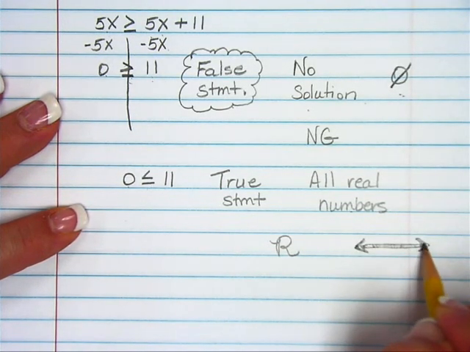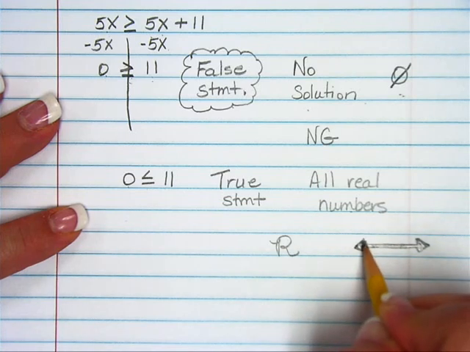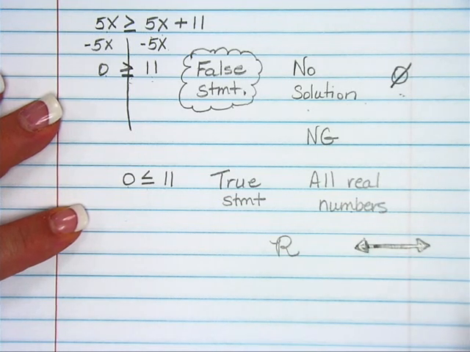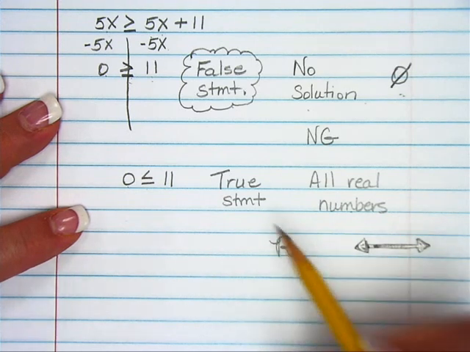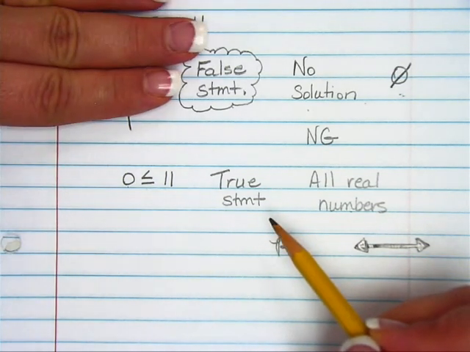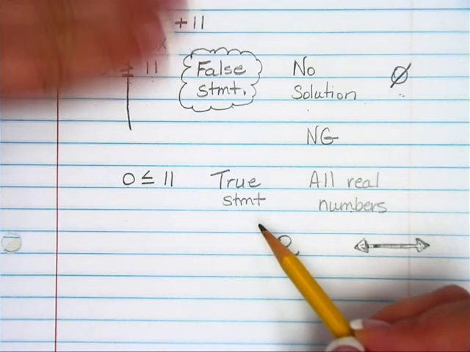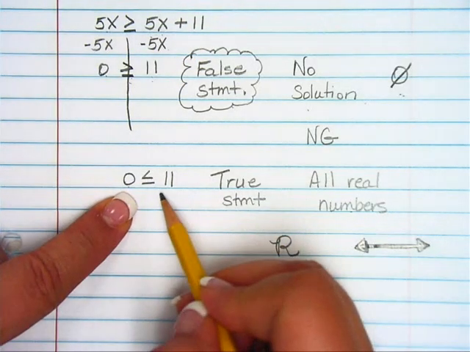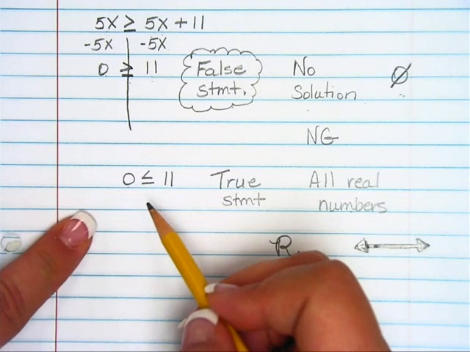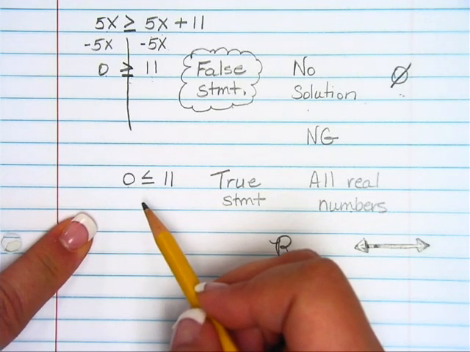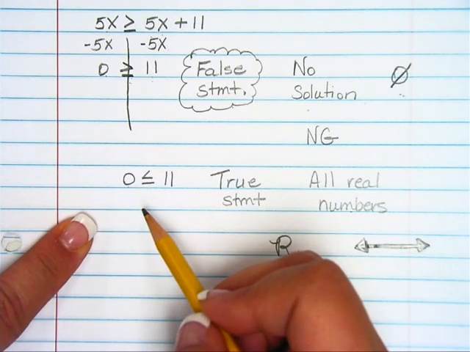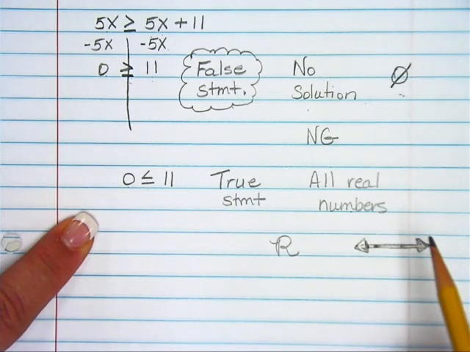So our answer graphically would have looked like this. And to confirm that it's all real numbers, this problem won't work because it's actually a false statement. But when you come up with one that gives you something that's true, you can plug any number in for x, and it will work every time. And that's what makes it a true statement.